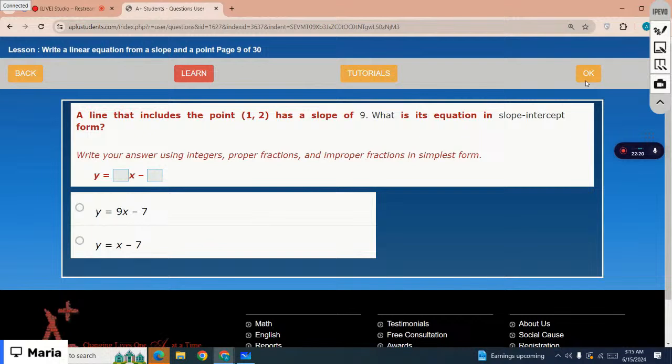A line that includes the point 1, 2 has a slope of 9. What is its equation in slope intercept form? So which is the correct option?